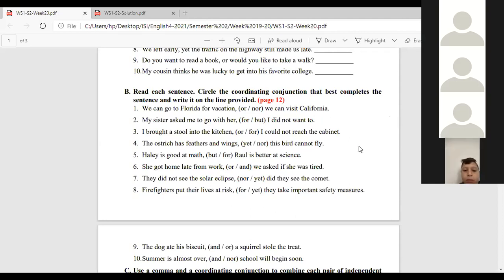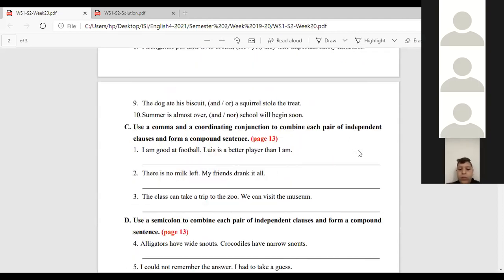Okay. Thank you. Now let's move to part C. In part C, let me tell you what you must do. You have to use a comma and a coordinating conjunction to combine each pair of independent clauses and form a compound sentence. Here you have two independent clauses and you have to join them together to make one compound sentence.